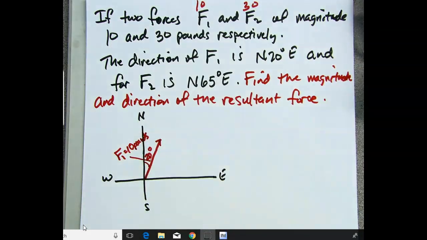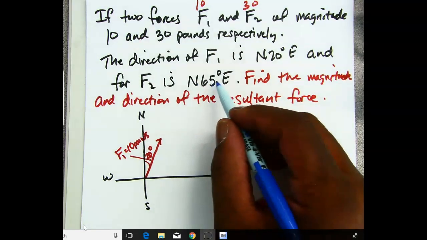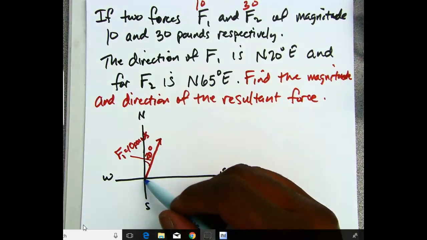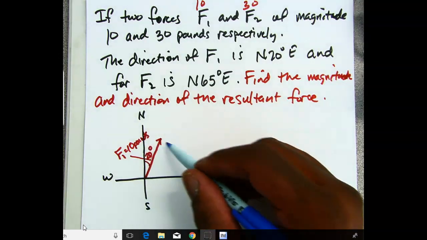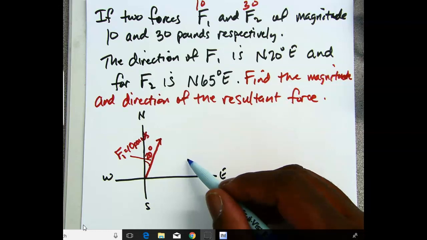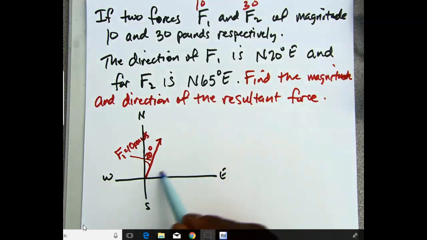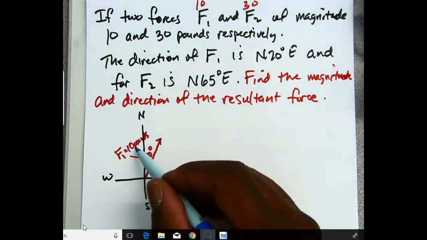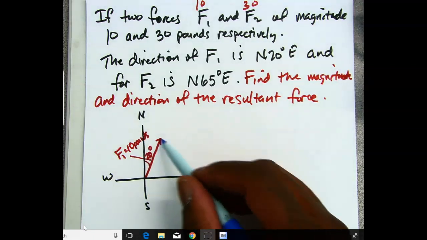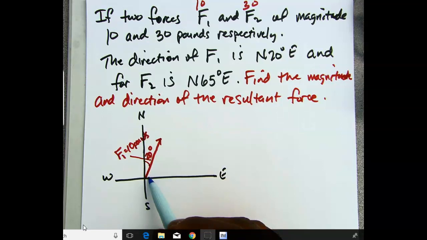F2, that one is 30, but it's north 65 degrees east. So here's north. Remember, from east to north is 90 degrees. So if we're 65 degrees east, what we're really going to be is 25 degrees off of this x-axis, because 25 plus 65 gives us 90. So if we go 65 degrees that way, then we're something like this.